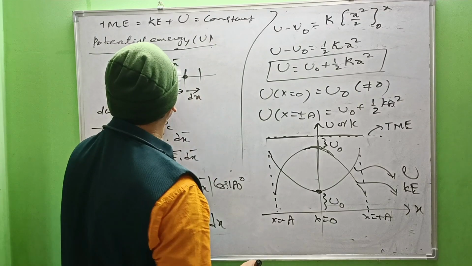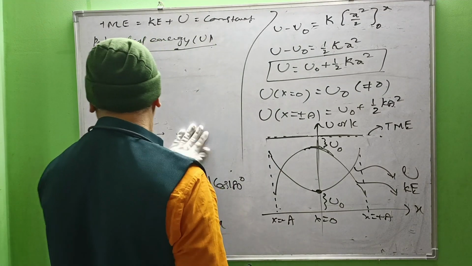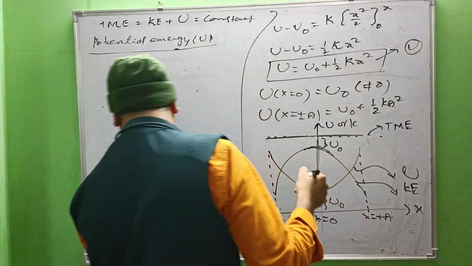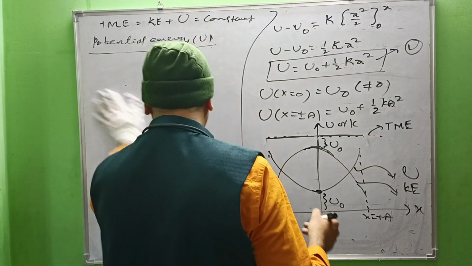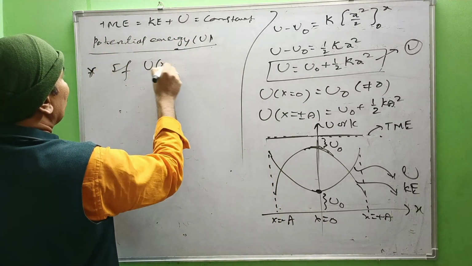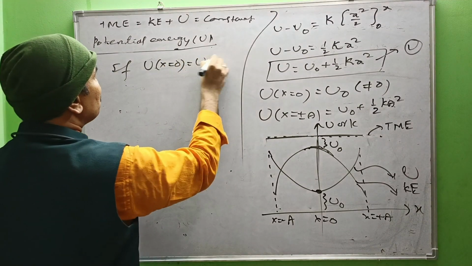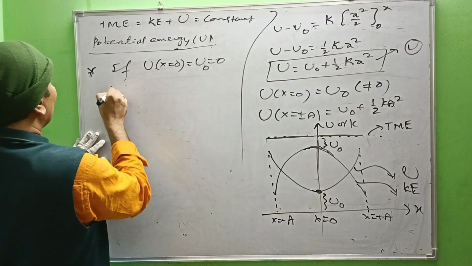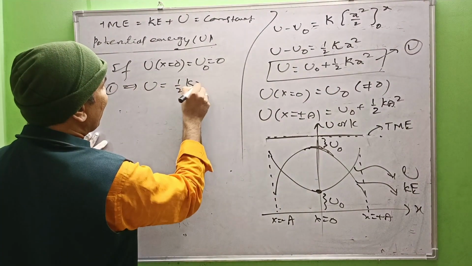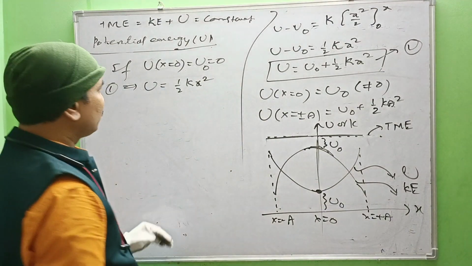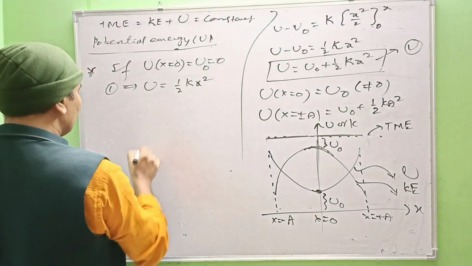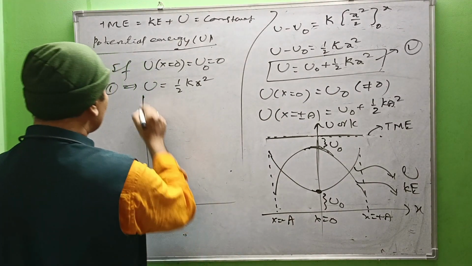So if u at x equal to 0 is 0, the relation reduces to u equal to half k x square. How does it vary?